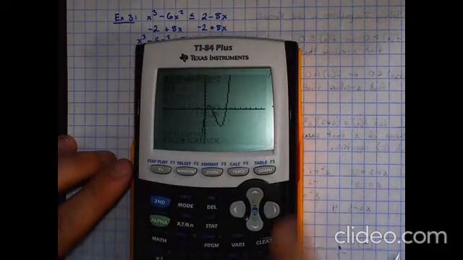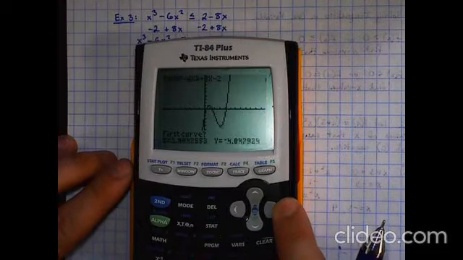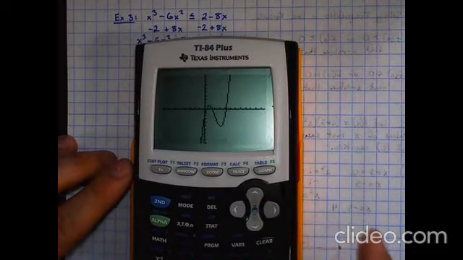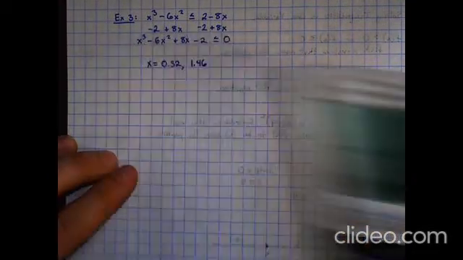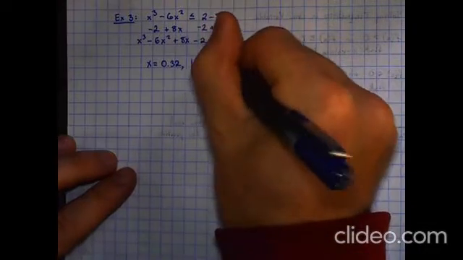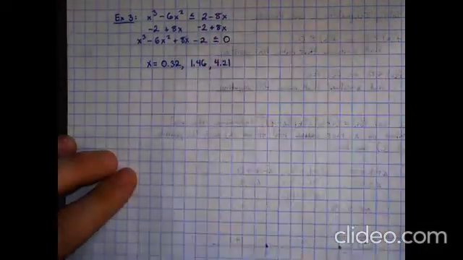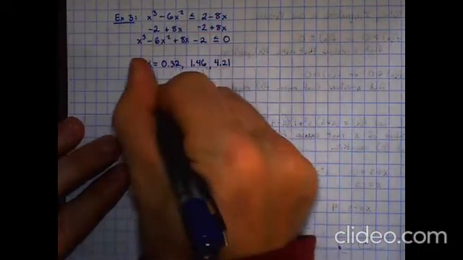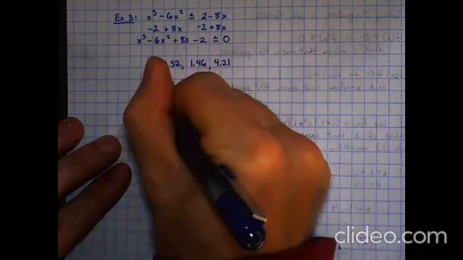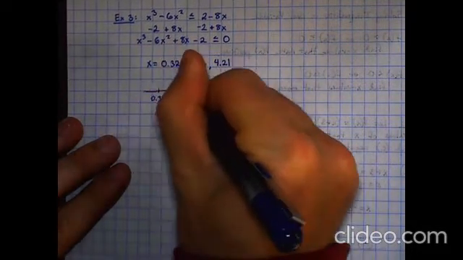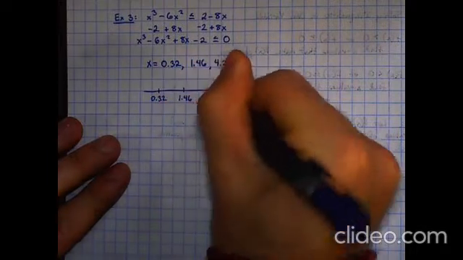Second trace 5. Enter, enter, enter. 4.21. And we're just going to come right back to that calculator. Make a little sign chart.